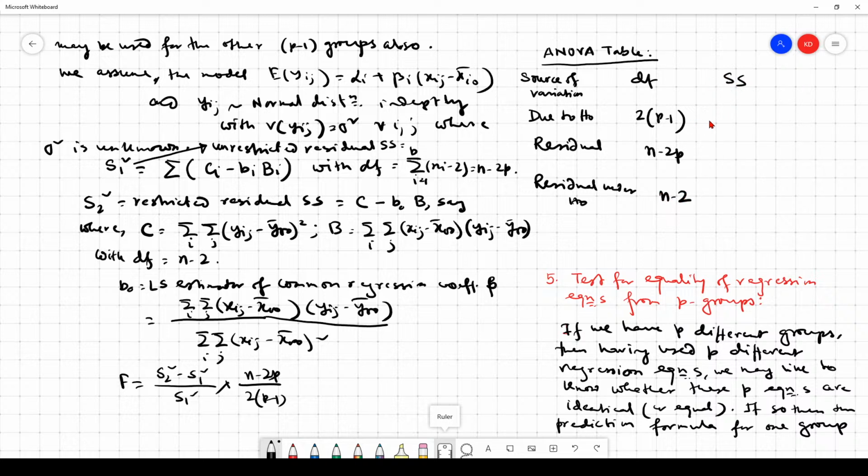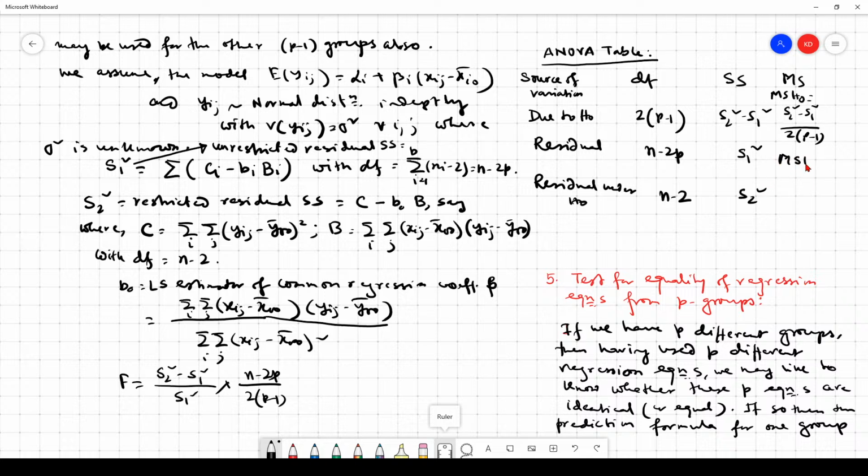SS due to H naught is S2 square minus S1 square; this is S1 square and this is S2 square. MS is S2 square minus S1 square by 2 into P minus 1. You denote this by MSD to H naught, equal to S2 square minus S1 square by 2 into P minus 1.